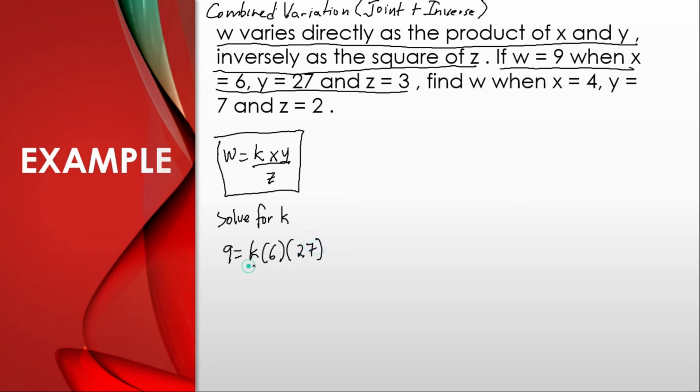So, our z naman is 3. Okay, may nalimutan tayo. Ang sabi pala dito is square of z. So, kailangan pala natin tong square. So, 3 squared yan. Diba? Kaya magiging 9 is equal to k times 6 times 27 all over 9.